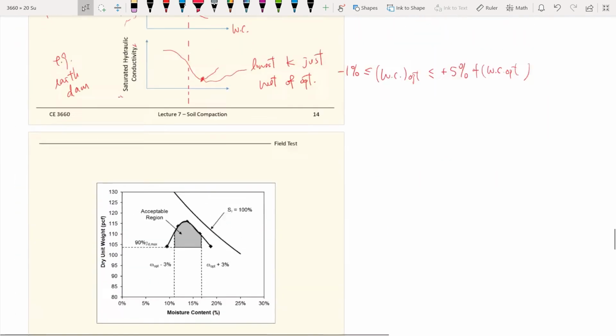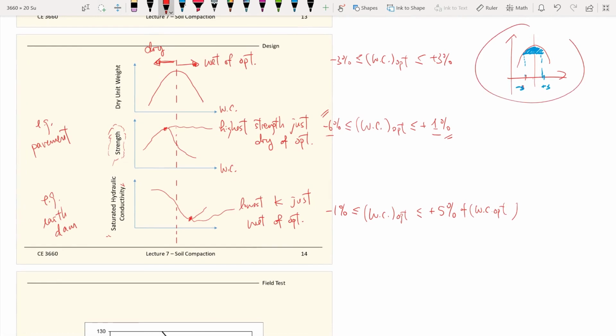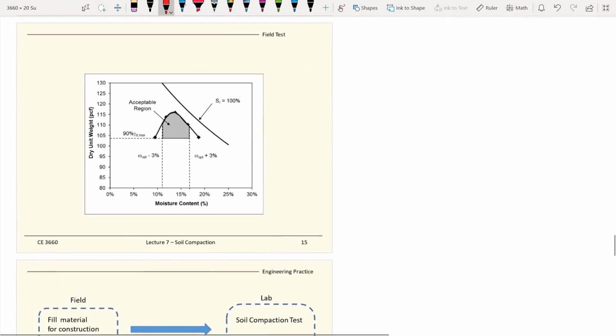So this picture here, I try to better illustrate by this figure. This is what I mean in the design. This is the compaction curve that you establish from the lab test results. Based on your understanding of what kind of performance you want, you need to specify both the water content and also the density.